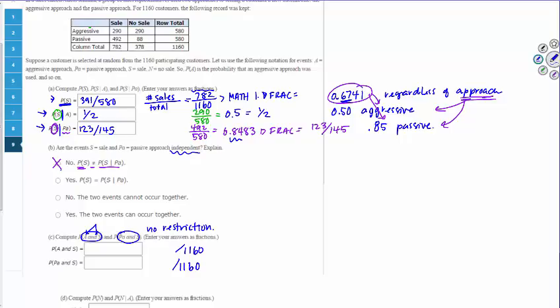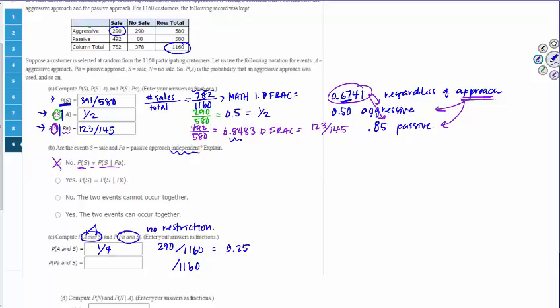So here we're looking at all 1160. Aggressive with a sale was 290. Aggressive and sale. 290 divided by 1160 is 0.25, or 1 in 4 customers, whether they bought something or not. All customers.